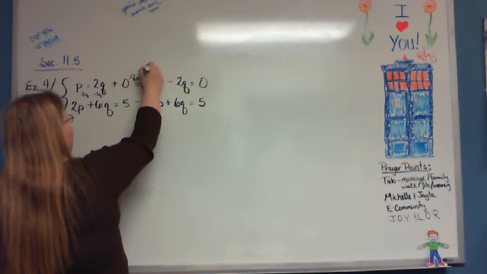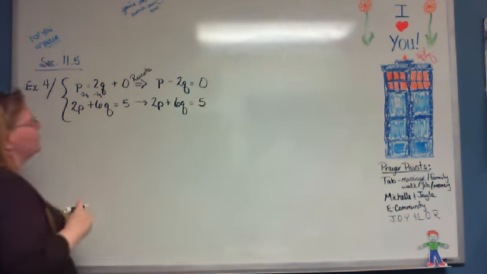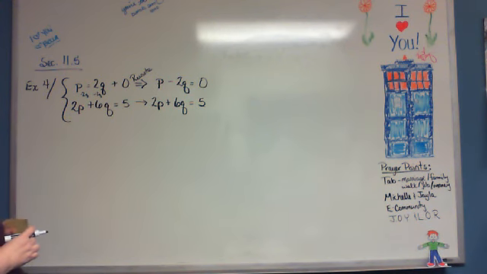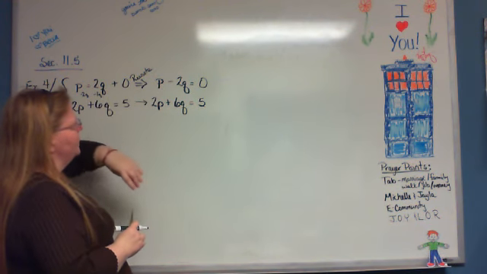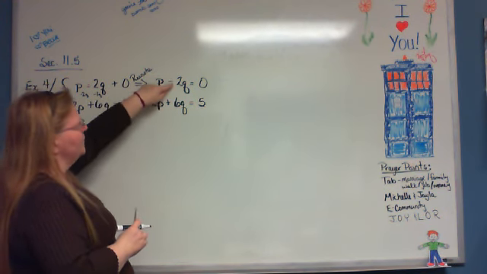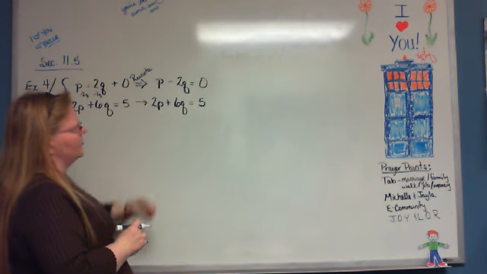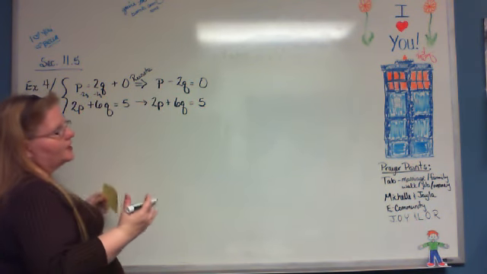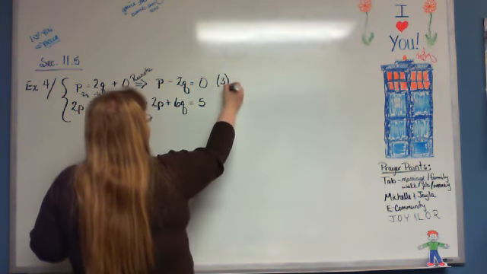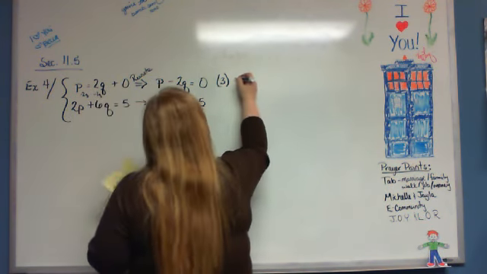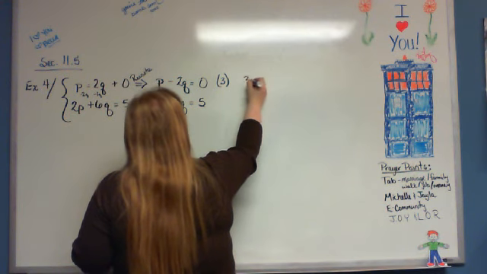I rewrote that. Now, what would you like to multiply by? We can multiply this by a negative 2 to get rid of the P's. We can multiply this one by a 3 to get rid of the Q's. I'm okay with that. Let's multiply this one by a 3, that way we don't have to worry about negatives changing and such.